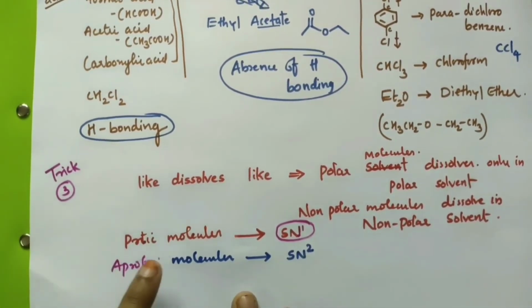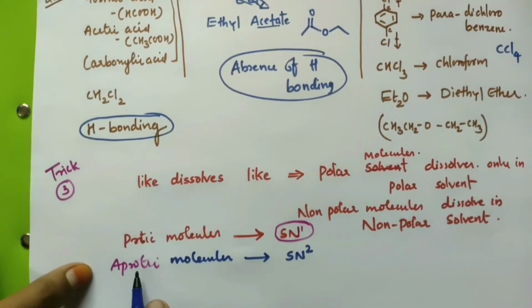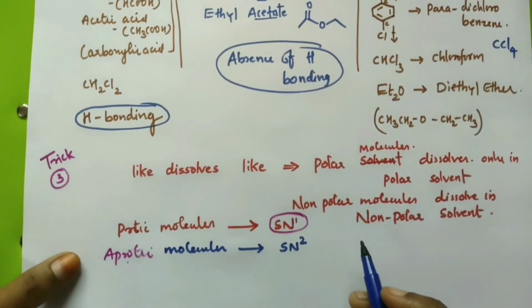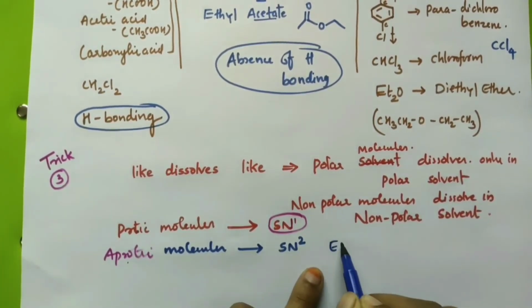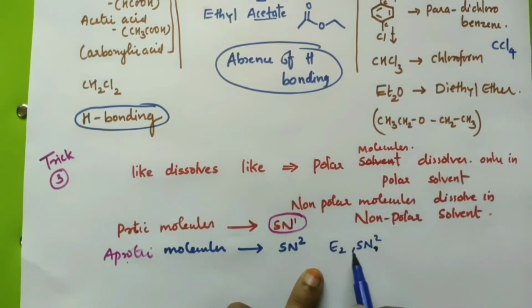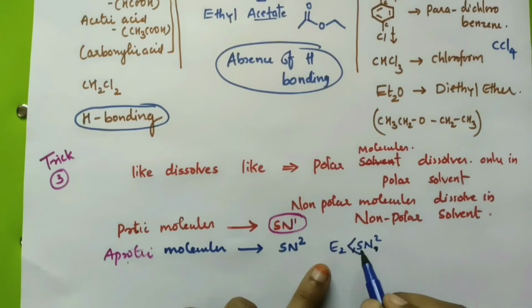Okay friends, polar protic molecules prefer SN1 reaction and aprotic molecules prefer SN2 reaction. If E2 or SN2 reactions are possible, then SN2 is predominant over E2. E2 means elimination reactions.